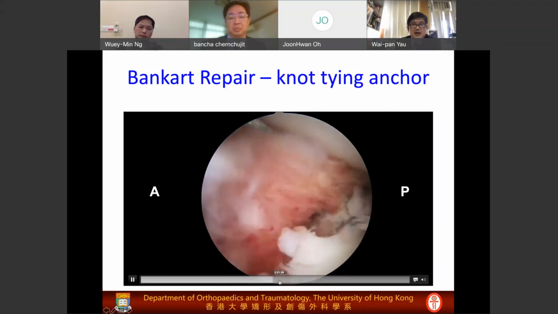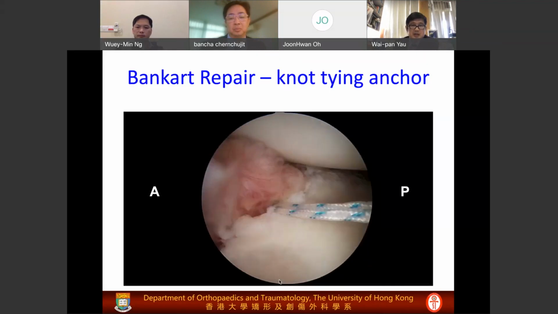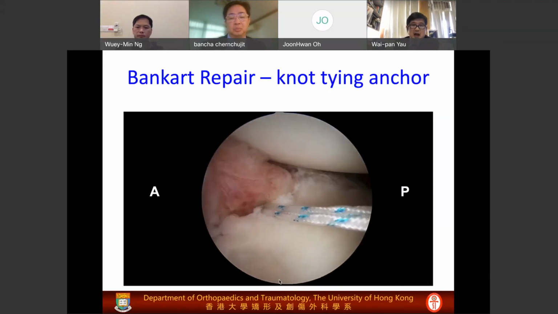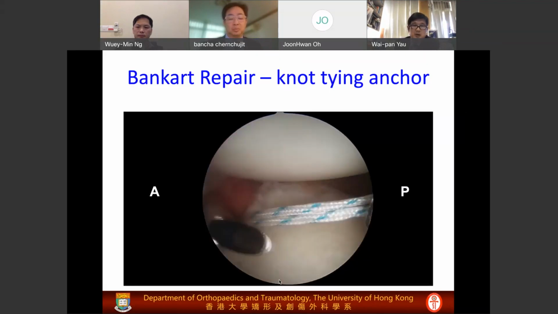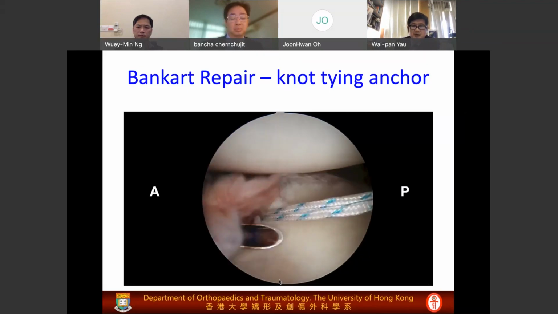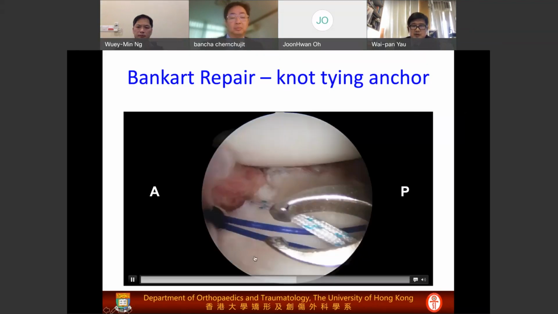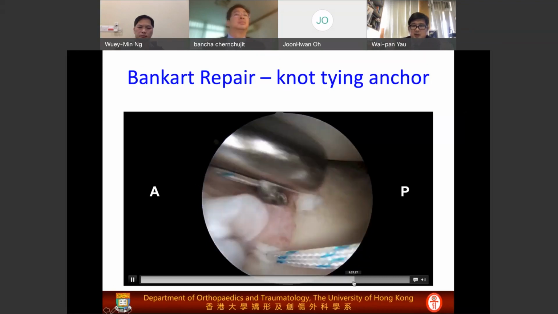And after the anchor is inserted and also the labrum is passed through, then I will start the tying of the knot. The knot tying can be done either by a sliding knot or by a static knot, which will be up to your own preference. And with this surgical maneuver, usually we can obtain quite a good repair quality.